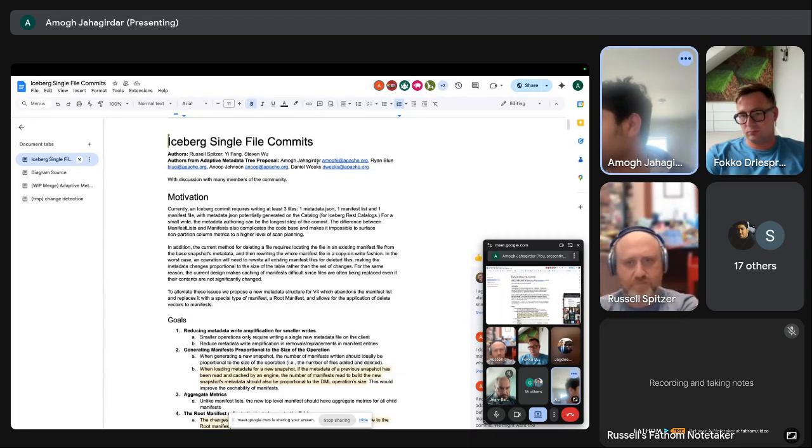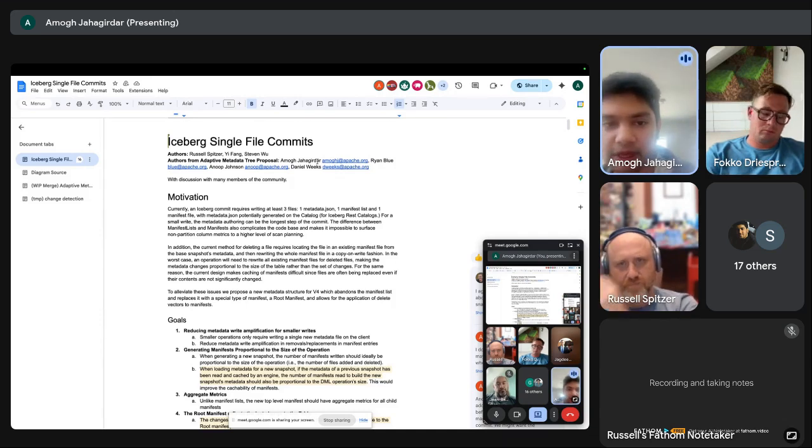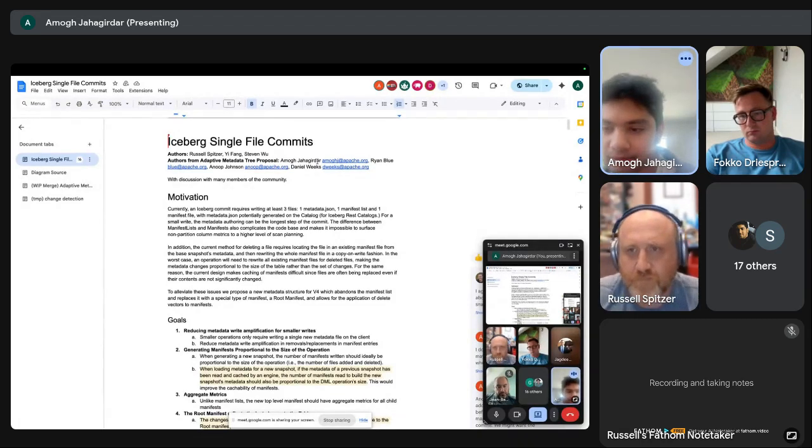For a series of small writes, this is arguably higher metadata write amplification and latency than is actually necessary. So what we were thinking through is, can we do better here?